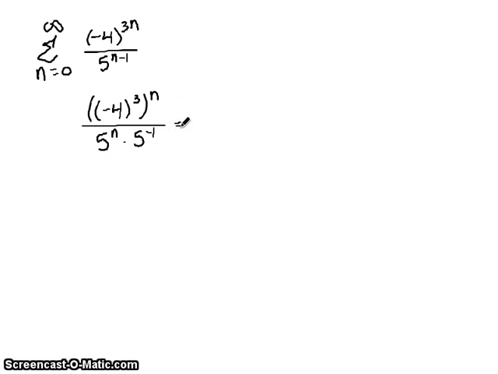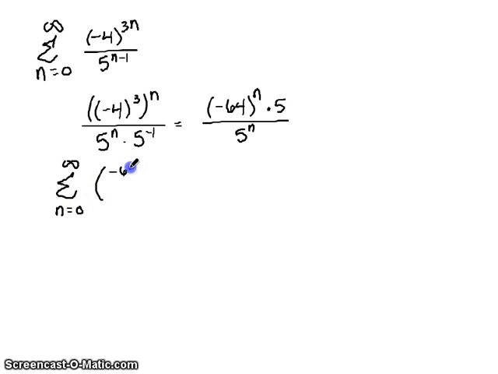So we can rewrite this part as negative 64 to the n times 5. That 5 is from the denominator, over 5 to the n. So now we have our n powers. So we can rewrite our sum as negative 64 over 5 to the n, and then that 5 can go out front.